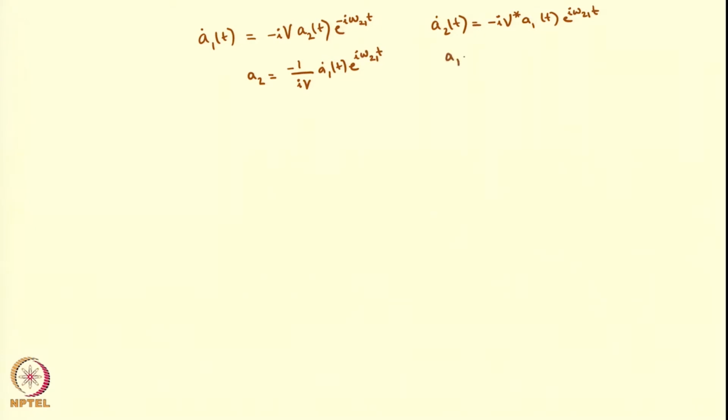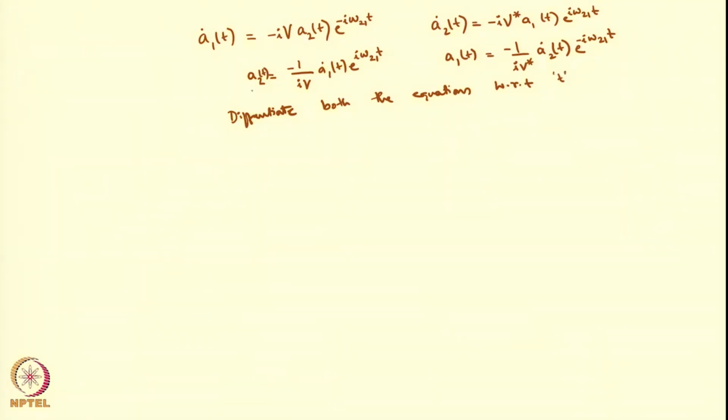And A1 of t will become minus 1 by I v star, A2 dot t e to the power of minus I omega 21 t. Okay. Now, I will differentiate both the equations once more with respect to time.